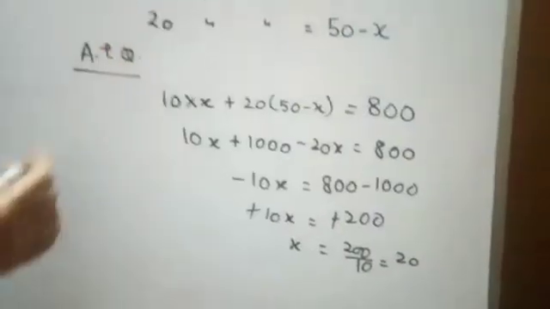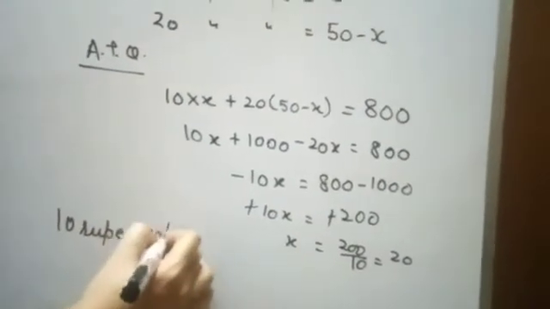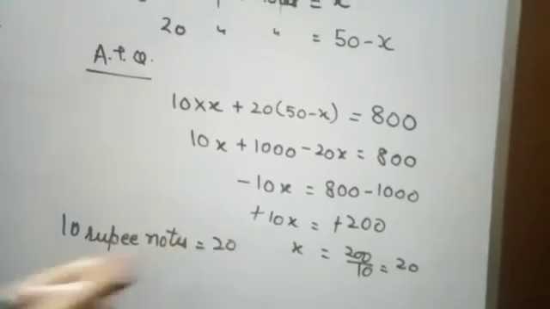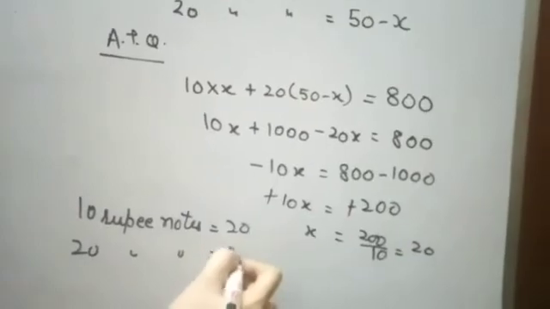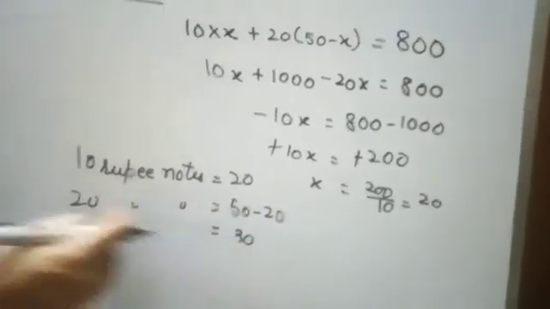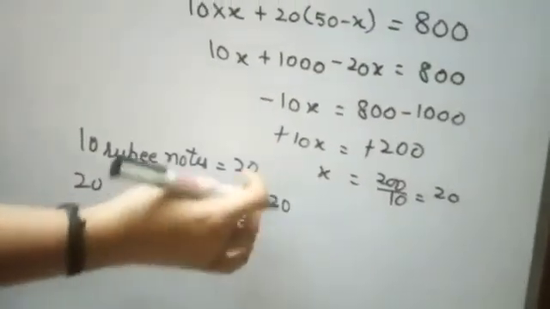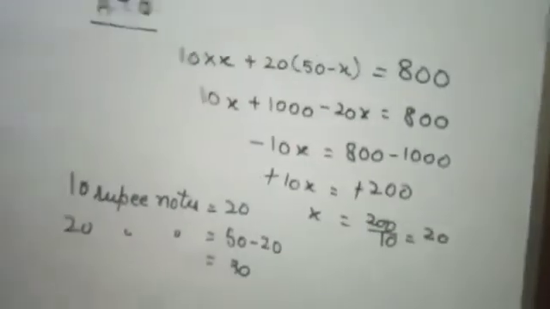So he has 10 rupee notes 20, which means 200 in total money, and 20 rupee notes 50 minus 20, that is 30. The total money in terms of 20 into 30 is 600, plus 200, 800. Yes, your answer is right.